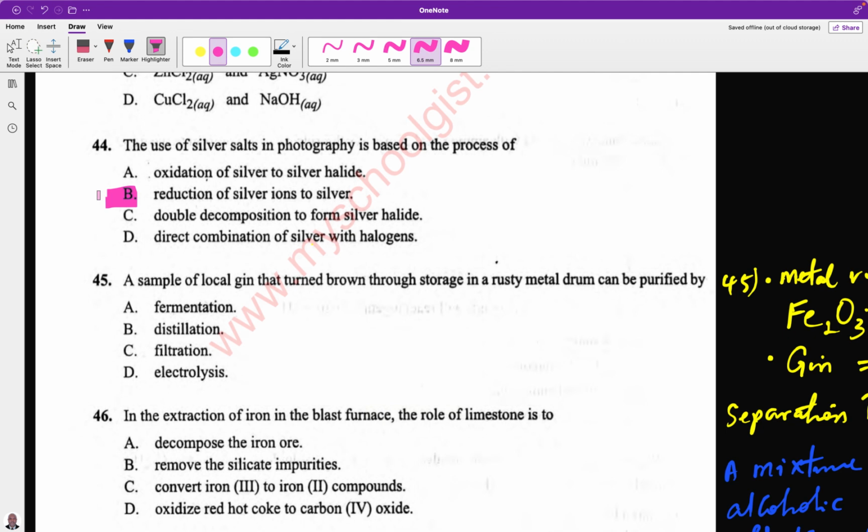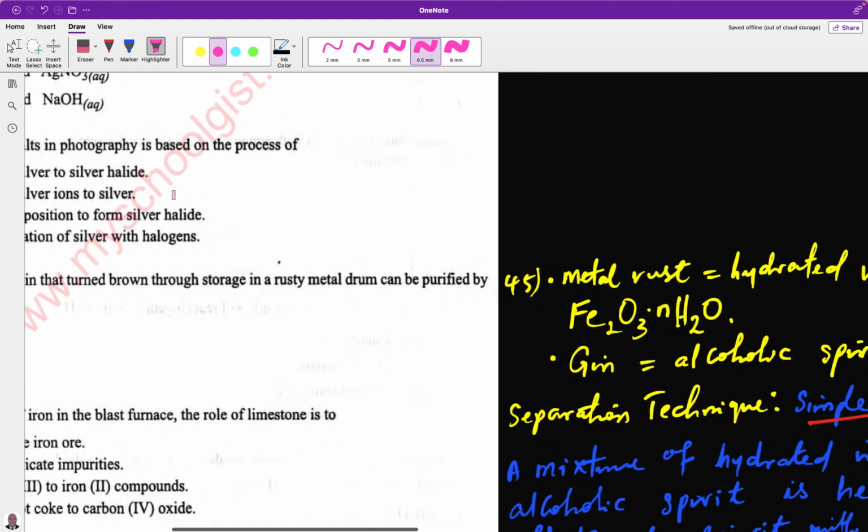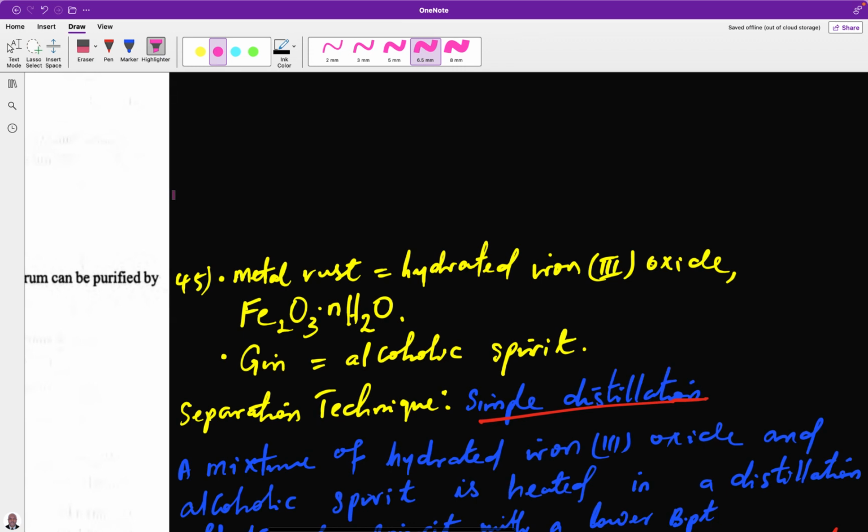It should also be remembered that the metal rust is what we call the hydrated iron 3 oxide. When iron reacts with moist air, if you keep an iron nail in moist air overnight, the next morning you will notice that there's some rust attached to it because of the reaction of the iron with the moist air.